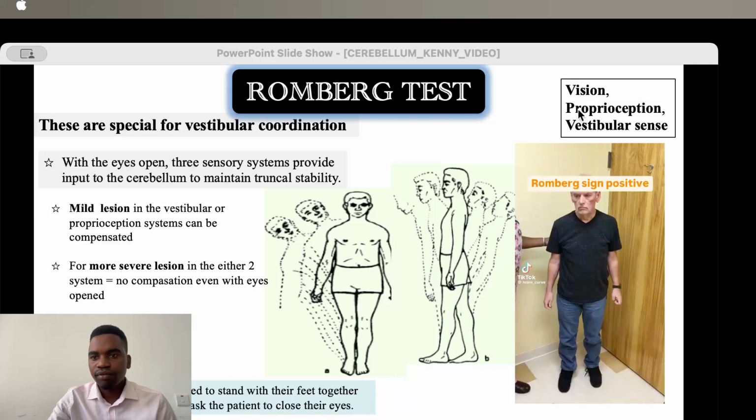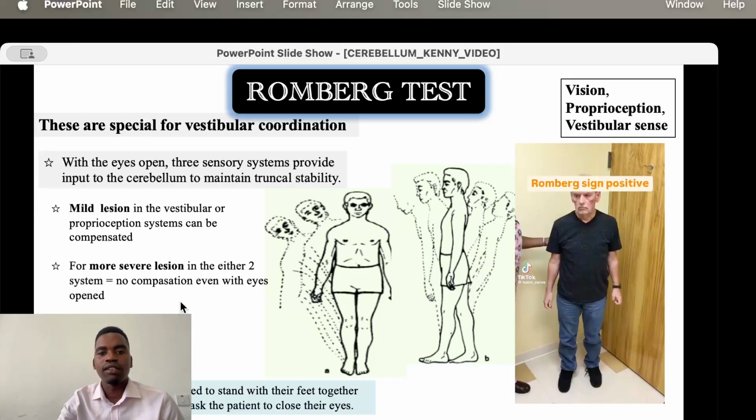So we remain only with the vestibular sense, and this is why this person, when he puts his feet together in this way or this one, will fall. Why? Because we have lost two components of this system that were meant to maintain the posture in space.